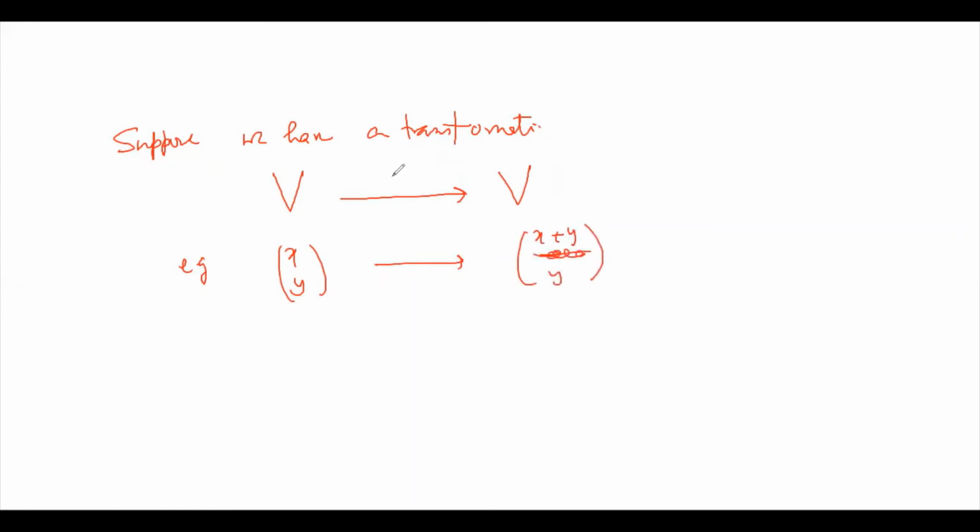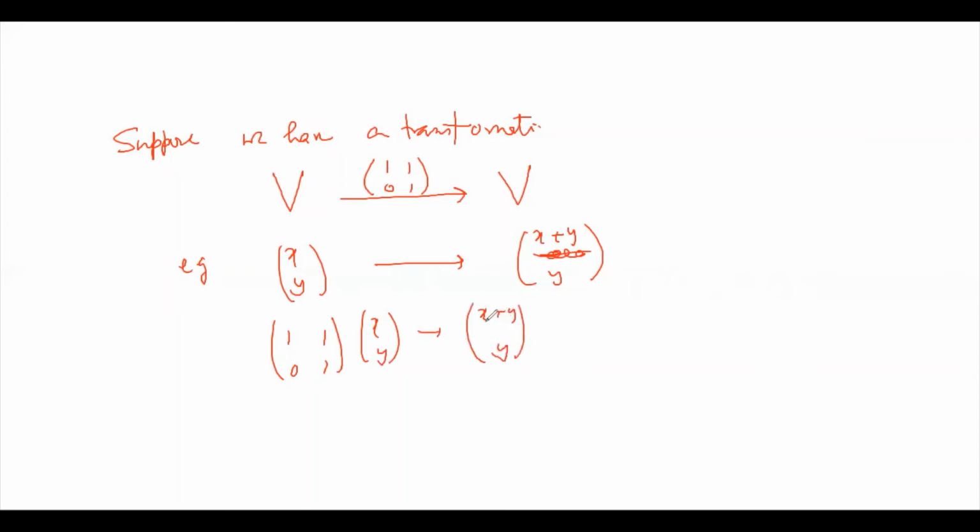So let's say this is a matrix here, which we'll call some matrix. In this case, the matrix is 1, 1, 0, 1. All that it means is that under this transformation, 1, 1, 0, 1 acting on the xy vector gives you the vector x plus y, y.